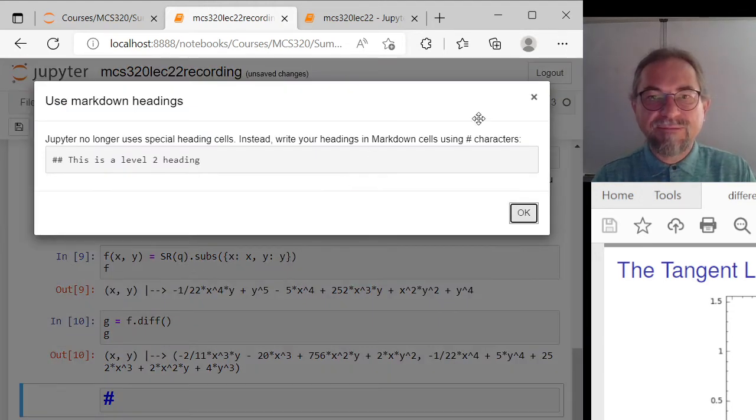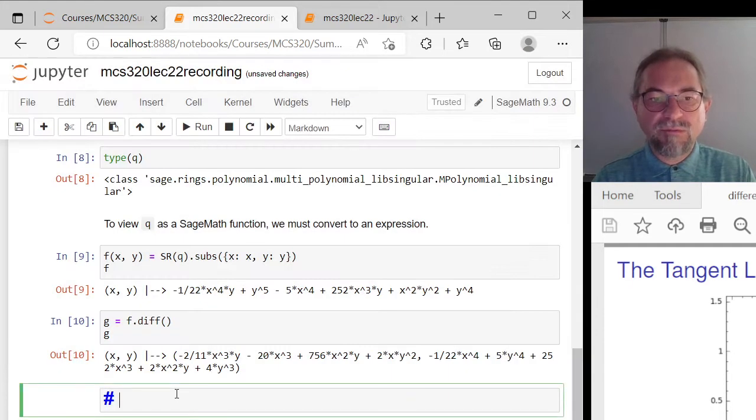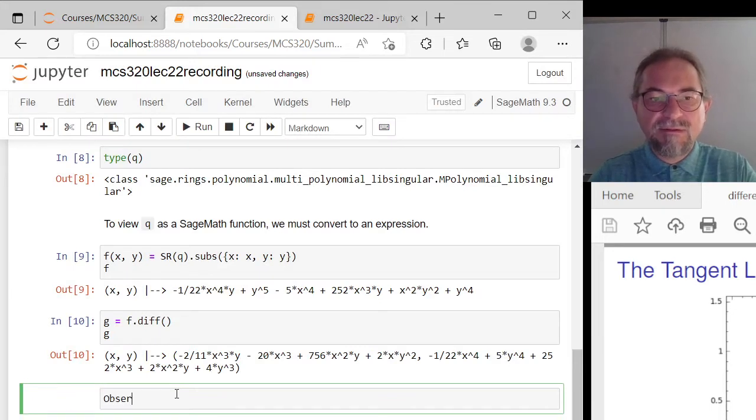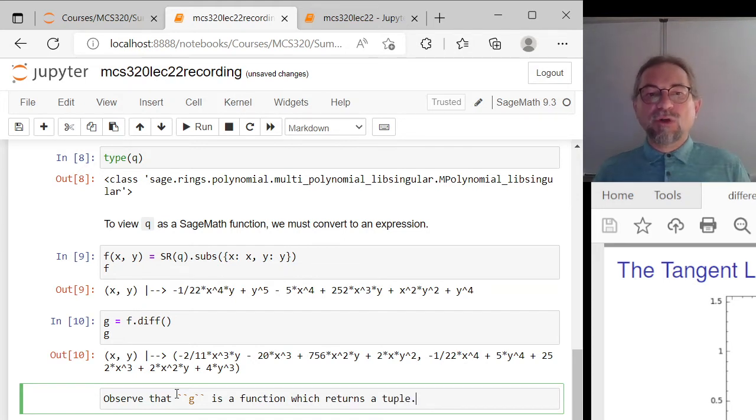Observe very carefully that what I get, observe that g is a function which returns a tuple. So what is in the tuple are the two partial derivatives. You can kind of see it a little bit first.